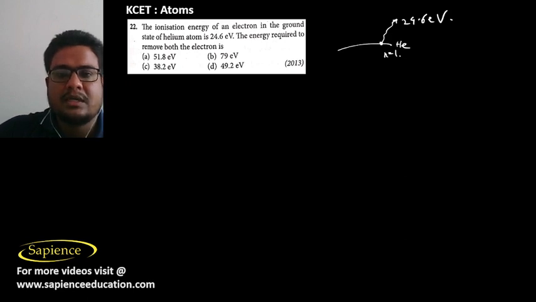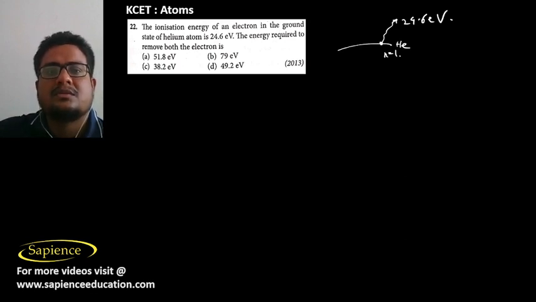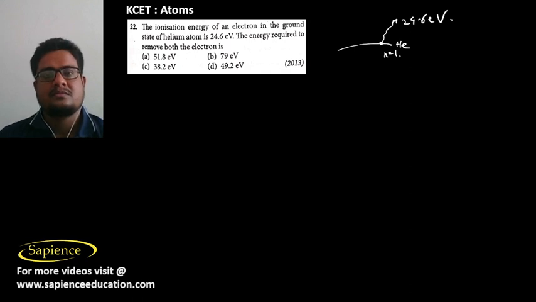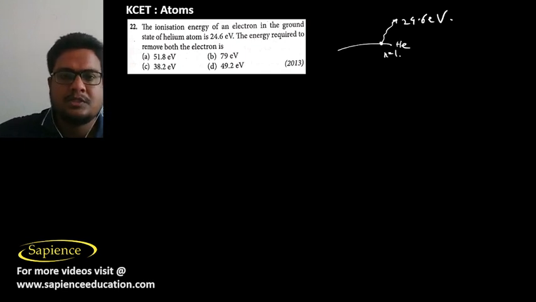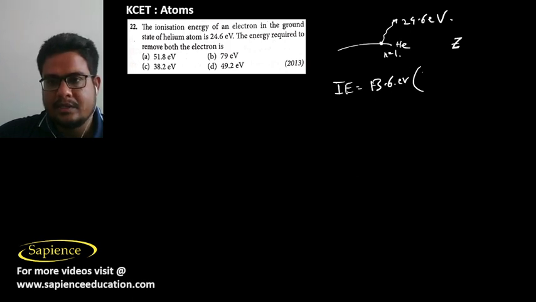We need the energy required to remove both the electrons from the ground state of helium. The ionization energy in the ground state is 13.6 electron volt into Z square by n square, where Z is the atomic number of helium.